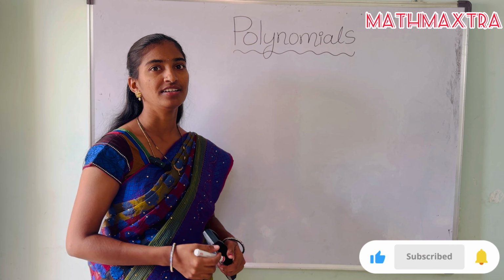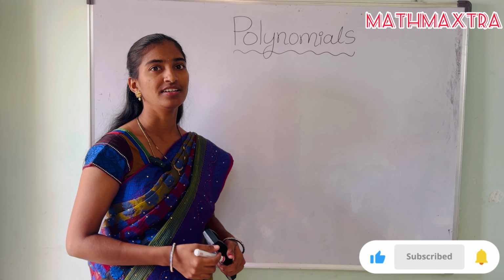It is an algebraic expression in the form of a naught x power n plus a1 x power n minus 1 plus a2 x power n minus 2 and so on.